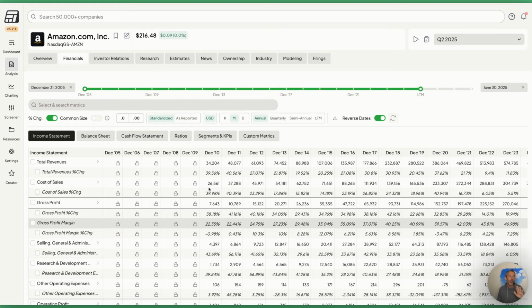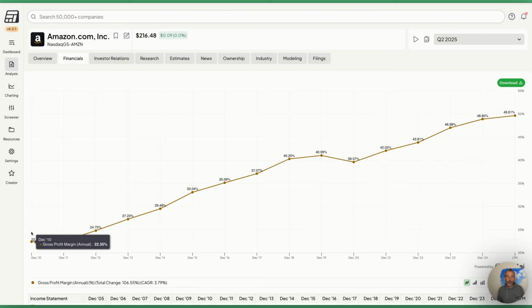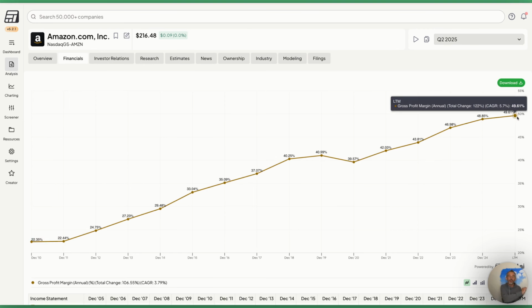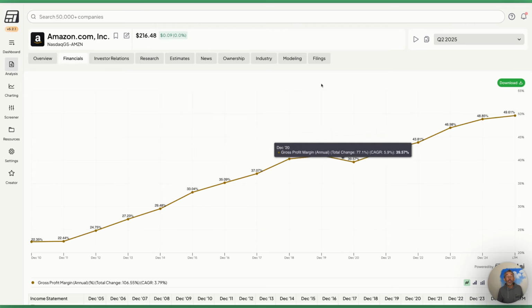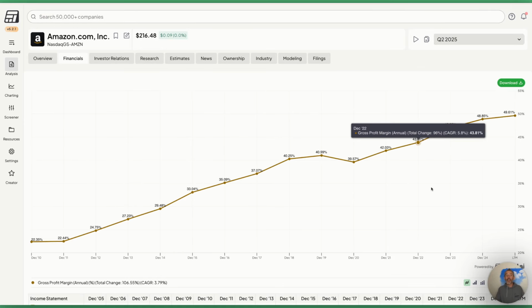This is something that you're not going to see almost anywhere else. Back in 2010, Amazon's gross profit margin was 22%. Today, it's roughly 50%. You see it continually going up and to the right, with the exception for a little blip here when the pandemic happened. That is why Amazon has been such a winning investment.